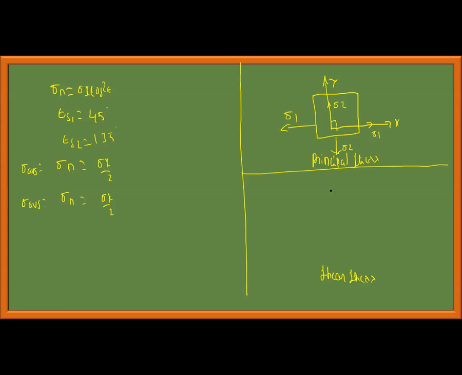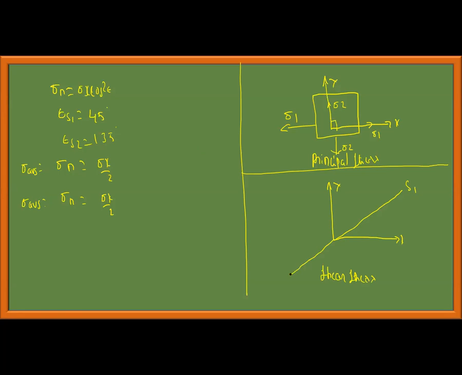Shear stress. As usual, I will indicate the xy plane. Now, theta S1 is at an angle of 45 degrees. Theta is measured anticlockwise and is positive. So theta S1, I will indicate arbitrarily. This is the S1 plane.